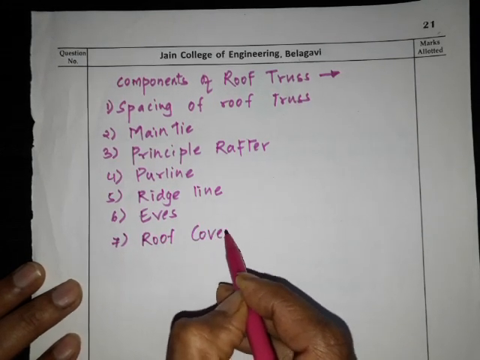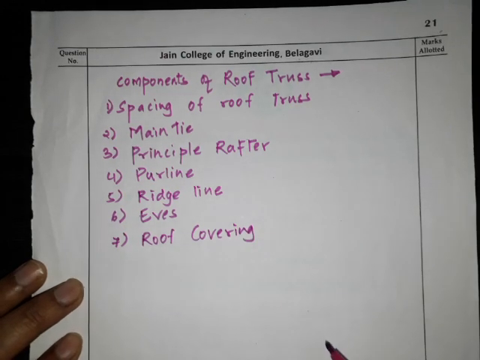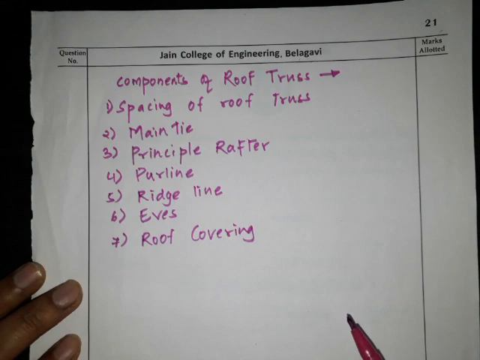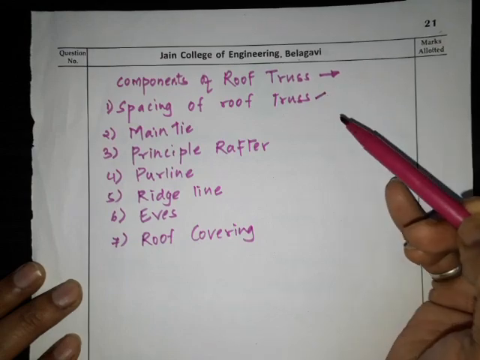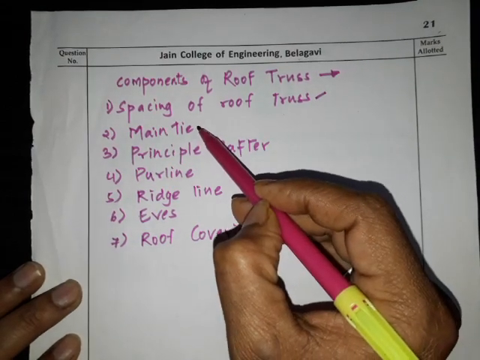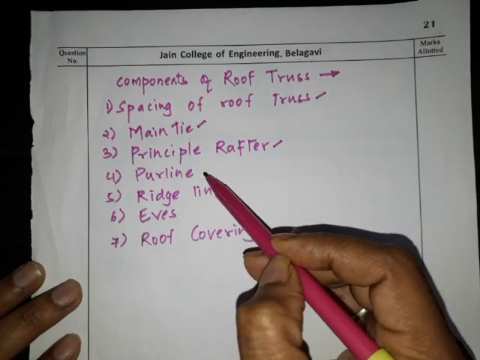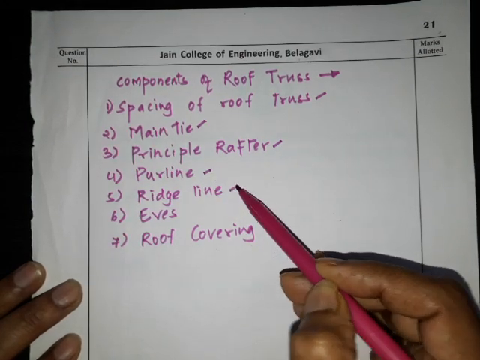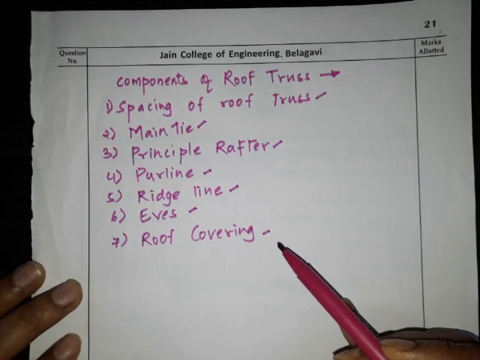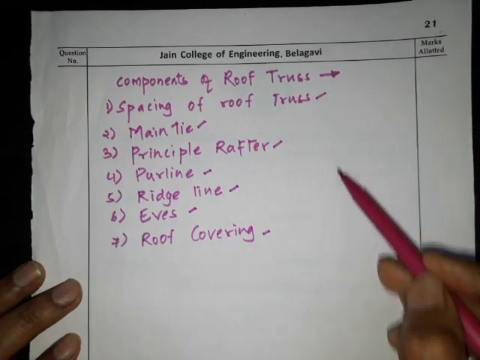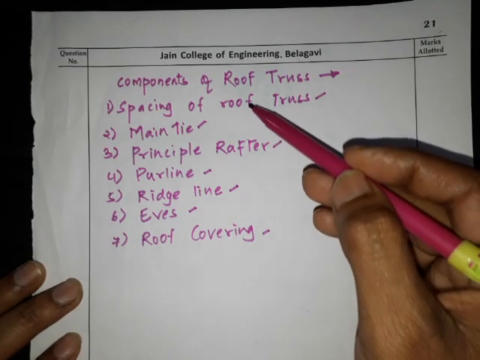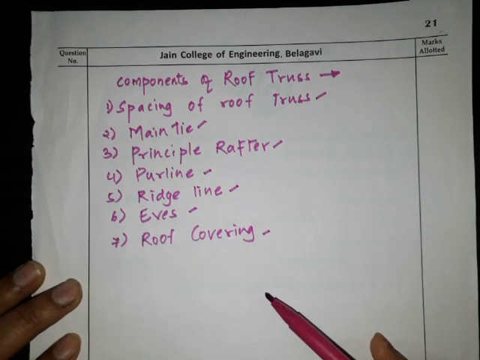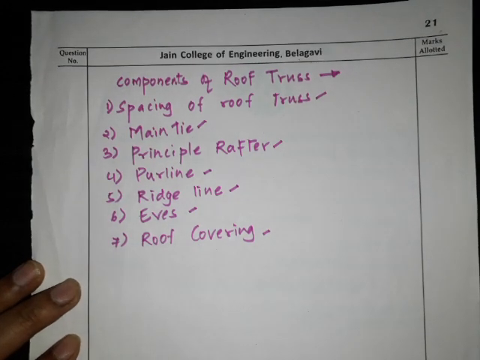So basically the components of roof trusses are, first of all, spacing of roof truss, then main tie, principal rafter, purlin, ridge line, eaves and roof covering. Now we'll discuss one by one how these components are used in the design of truss.